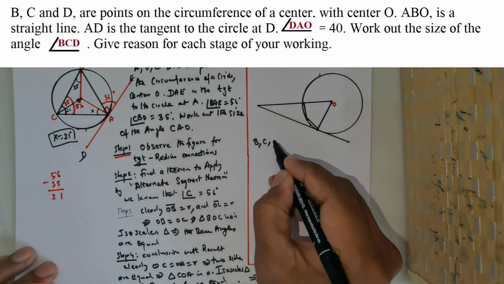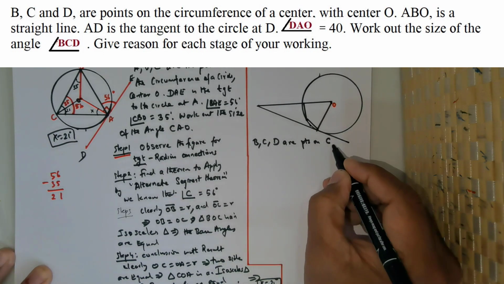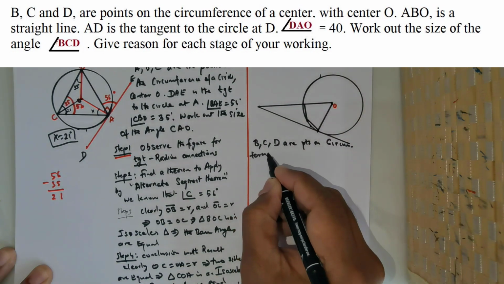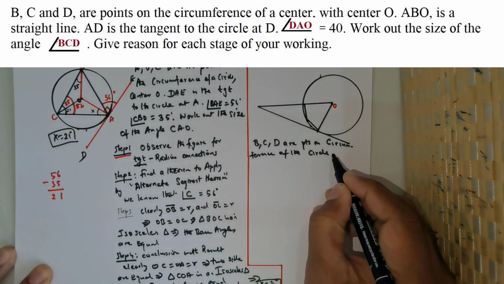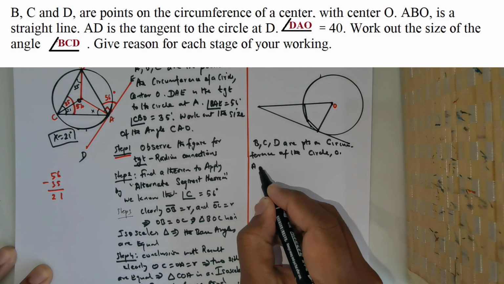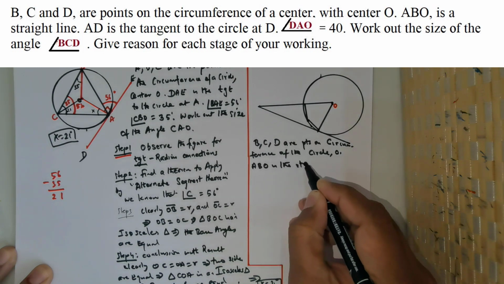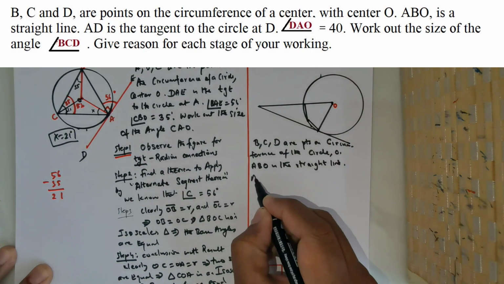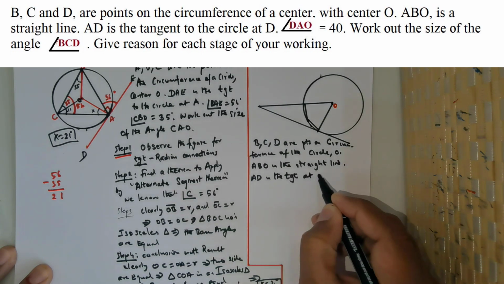B, C, D are points on the circumference of the circle, and the center is at O. Now ABO is a straight line, and AD is the tangent at D.